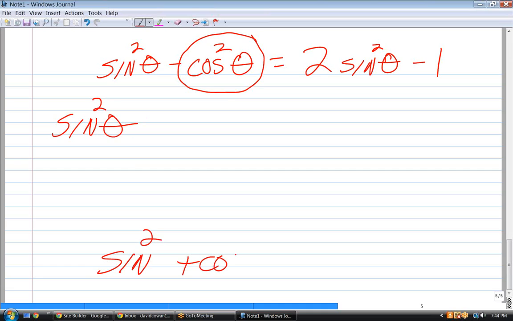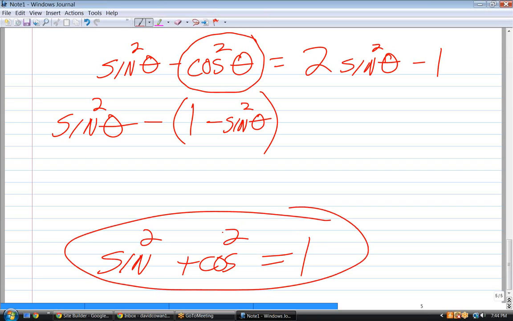Sine squared plus cosine squared equals 1. So negative cosine equals what? Or just cosine. In other words, I'll put it in parentheses. So cosine squared theta equals 1 minus sine squared. Like that. Okay? In other words, you're not always going to find it in that format.